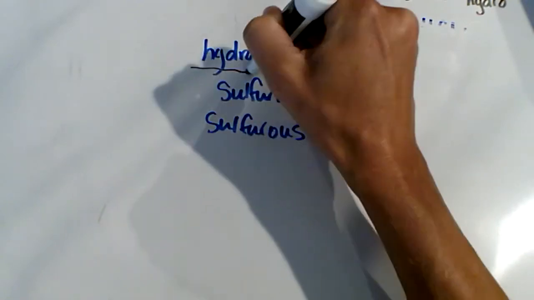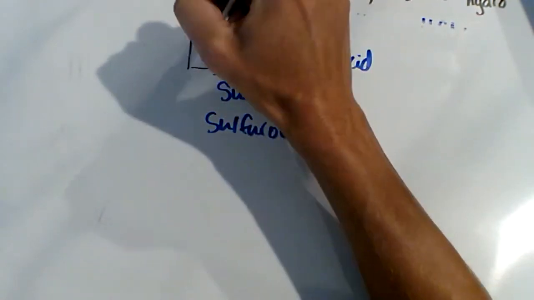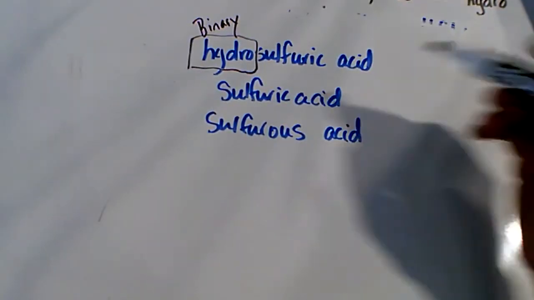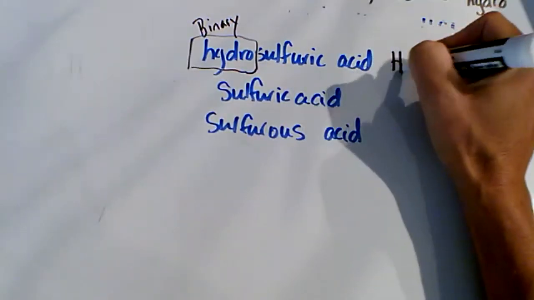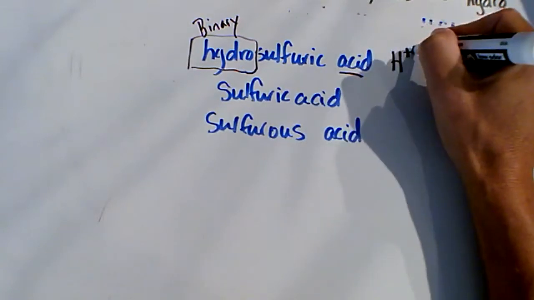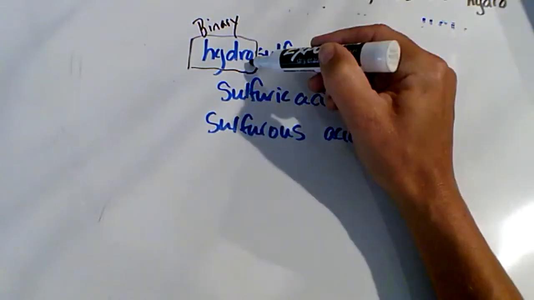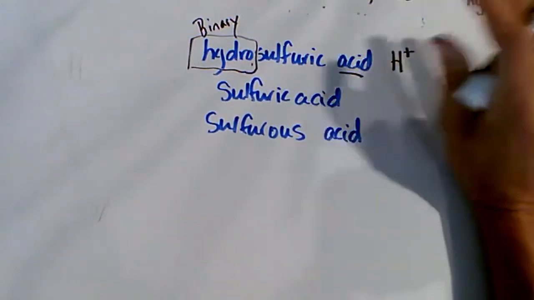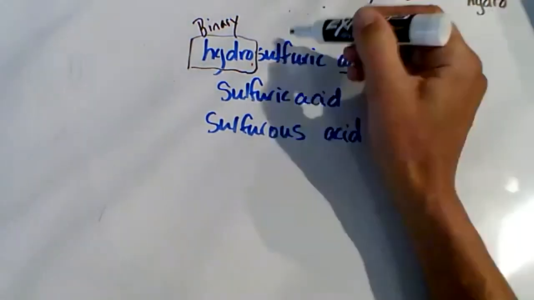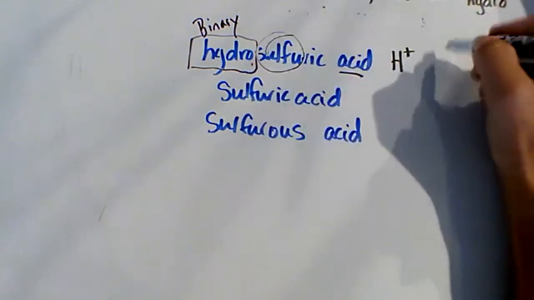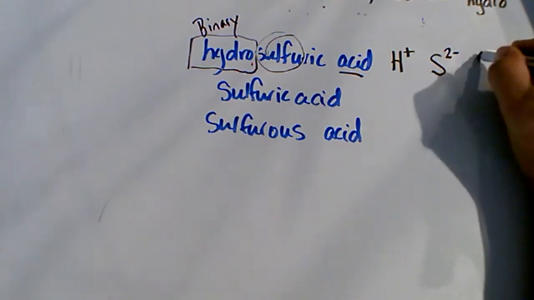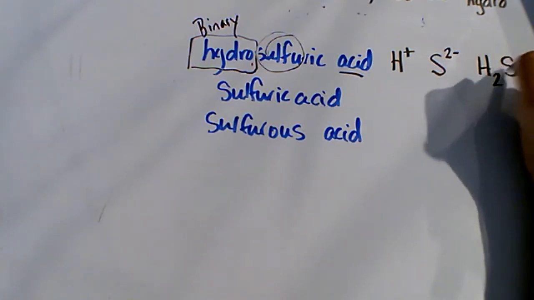I see hydro, so this tells me this is binary. That means I don't need to worry about the ending. I know that it's hydrogen, right? It's an acid, so hydrogen's the first element. And since hydro is present, it's binary. There's no fancy polyatomic ion with oxygen. So this must just be hydrogen with sulfur. Well, sulfur has a -2 charge, so my formula becomes H2S.